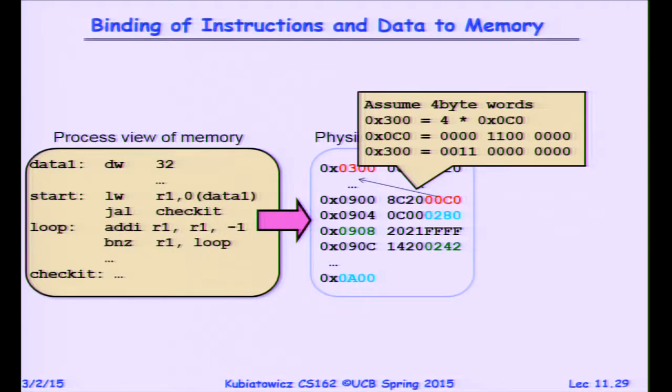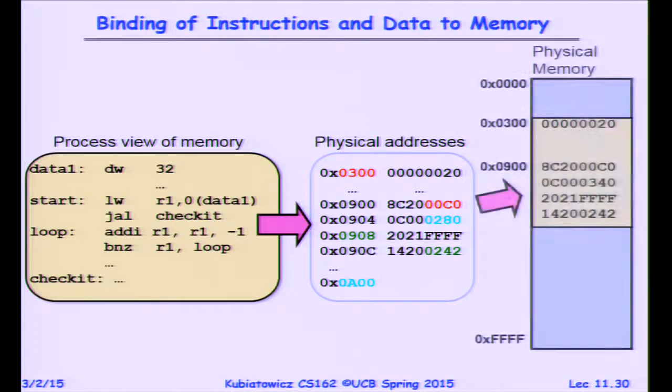Okay? So I hope you all appreciate that, but that's actually what has to happen. The fact that I'm putting this starting at 0300 actually causes some changes to happen in the binary when I load it in to make it work at that address. Okay? Questions?